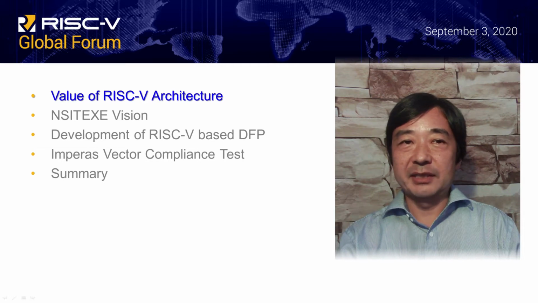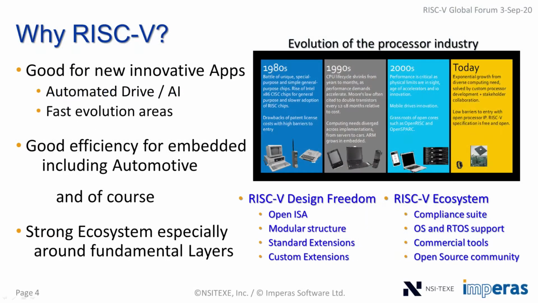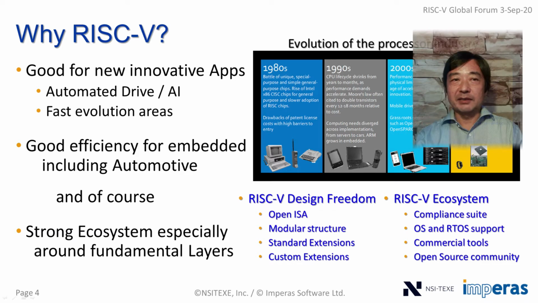The first section is about our understanding of RISC-V, especially its value. Why RISC-V? I think there are three major reasons. First, there are many features to support today's new innovative applications. I'll show later, but we are in the automotive industry, so of course automated driving is one of the major interests as a new application.